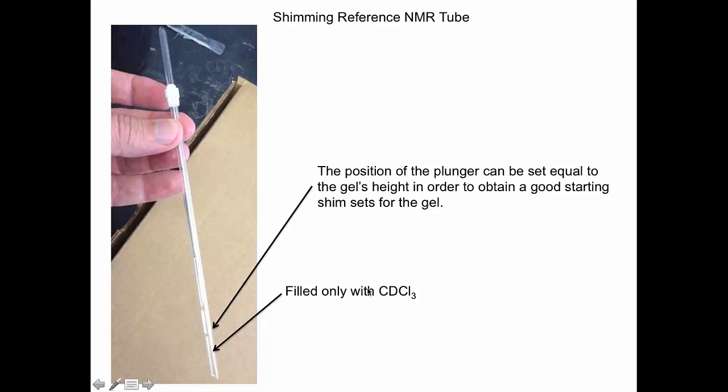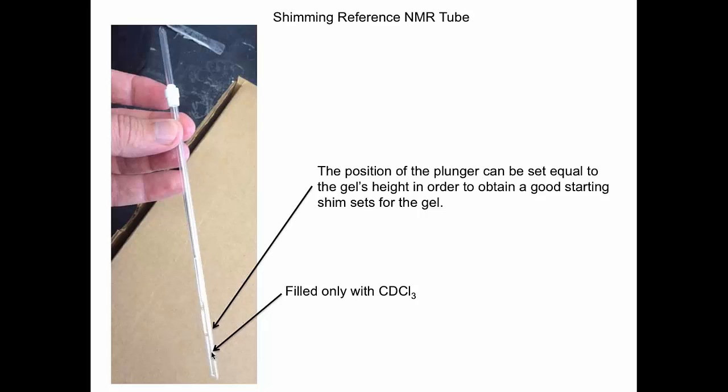Then you just put it in the magnet, center it, and run a regular gradient shimming experiment, depending on the instrument you are using. I use Bruker, so I use TopShim. Agilent has gradshim, and different instruments have different gradient shimming.